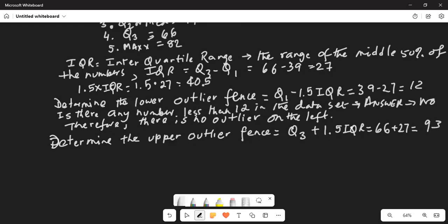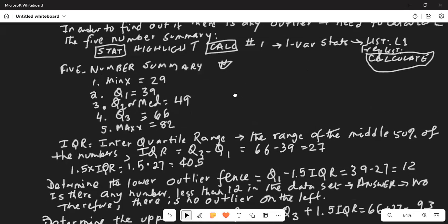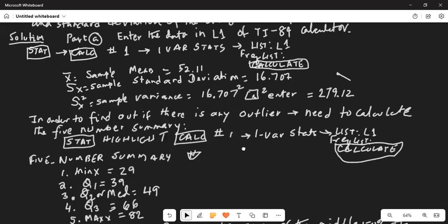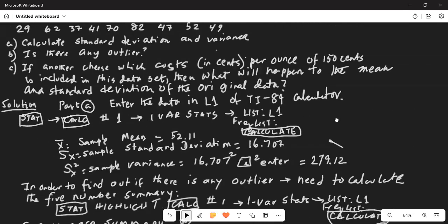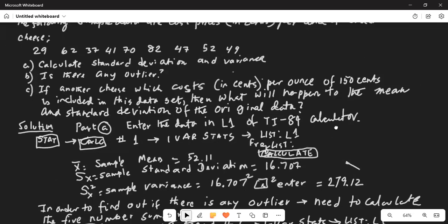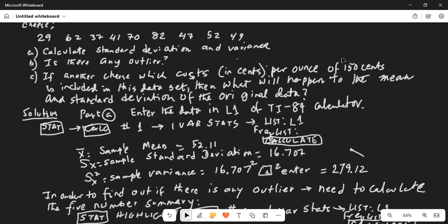Now we take a look at the original data. Is there any number greater than 93 in the data set? Nope. The highest data point is 82.